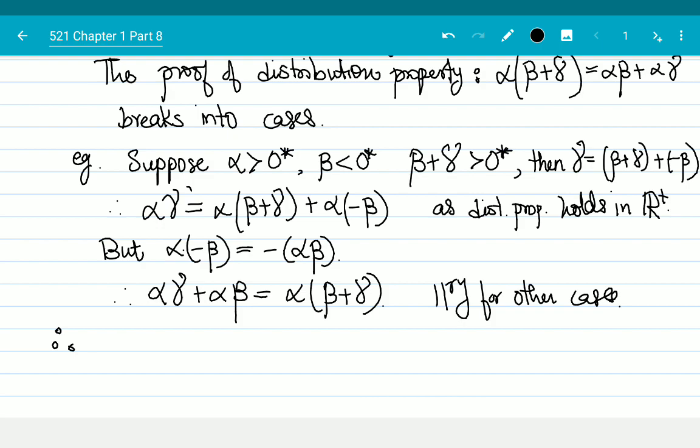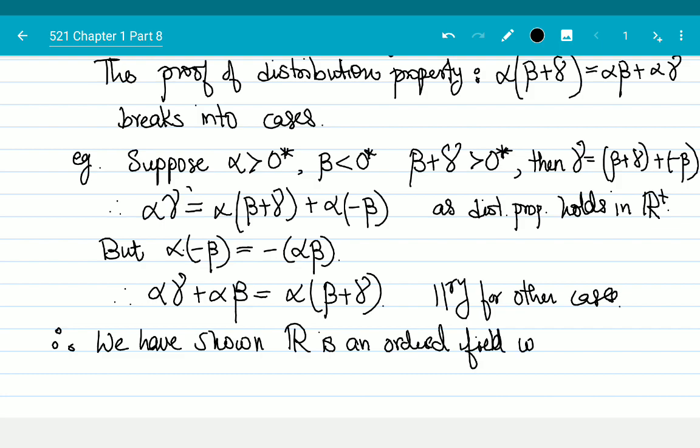and in fact we have shown R is an ordered field with the least upper bound property.